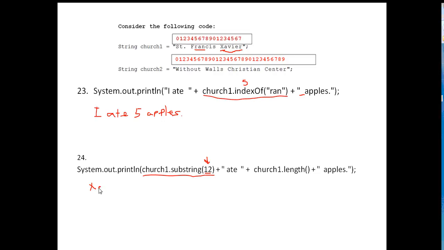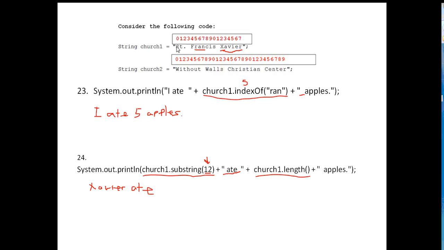So Xavier is the first thing that shows up, and then the next thing is a literal string which has a space, 8, and another space. All that must be printed. So we have a space, 8, and then another space. The next thing is a method, and the method is the length of church 1.